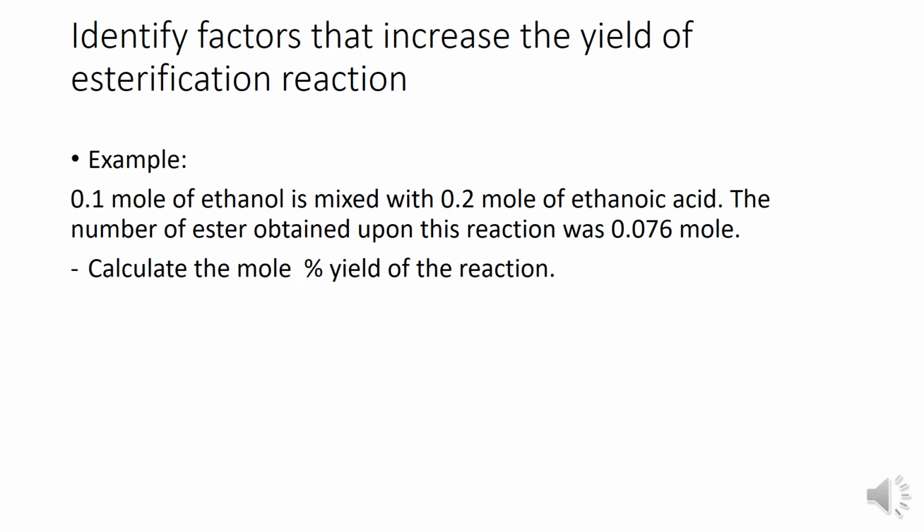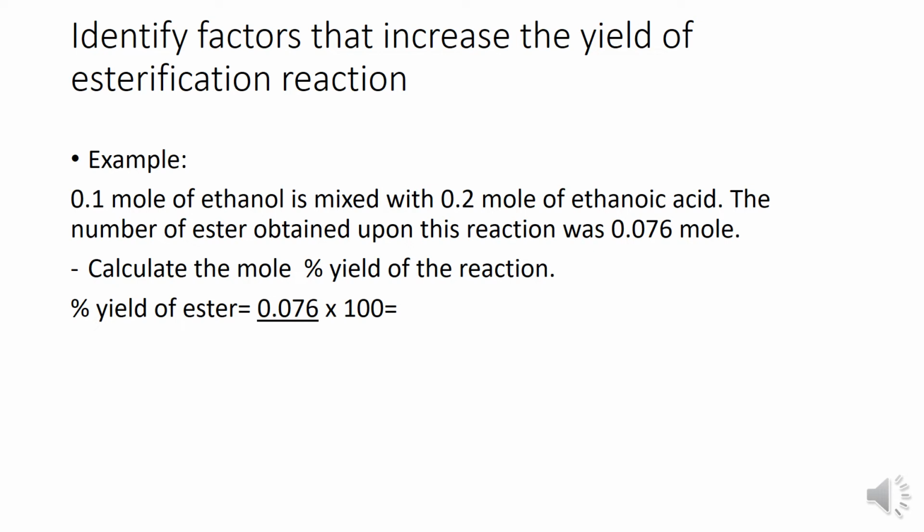This number of moles is the experimental value. Now, how to calculate the mole percentage yield of the reaction? It is equal to the number of moles of the ester obtained experimentally, which is 0.076, which is given, times 100 over.